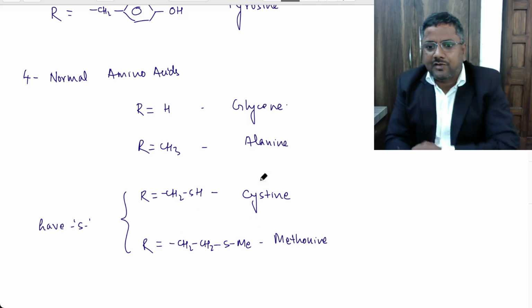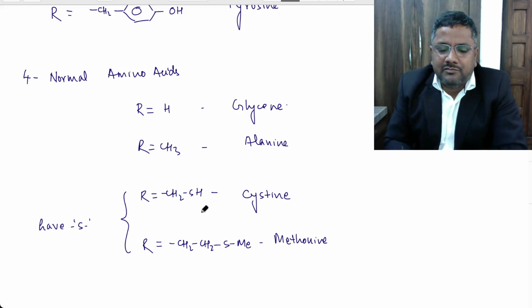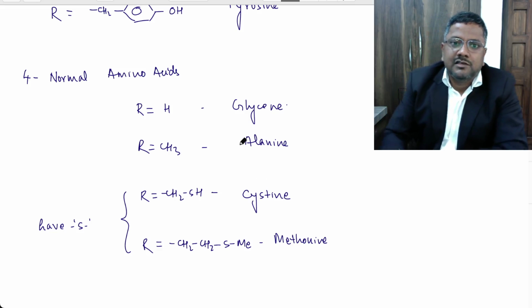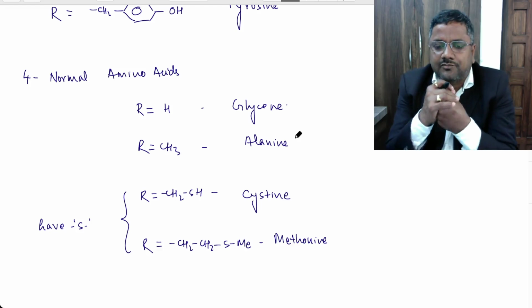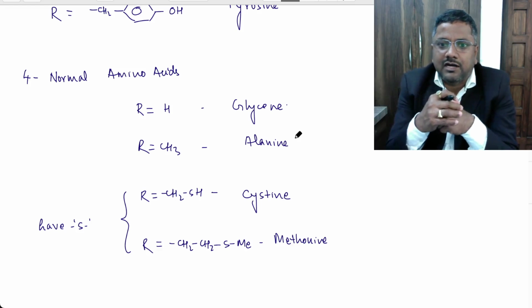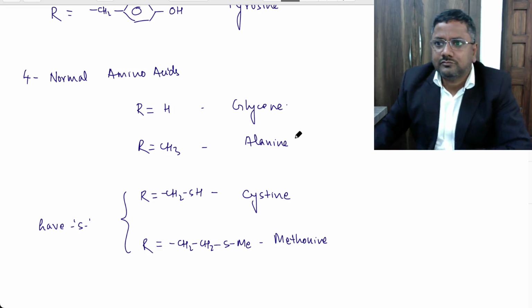So this type of question may be framed: which one is a sulfur containing amino acid? So this is all about the classification of alpha amino acids, right?